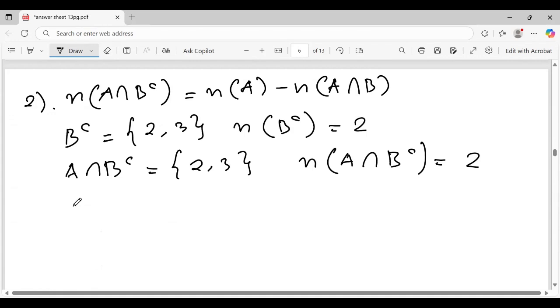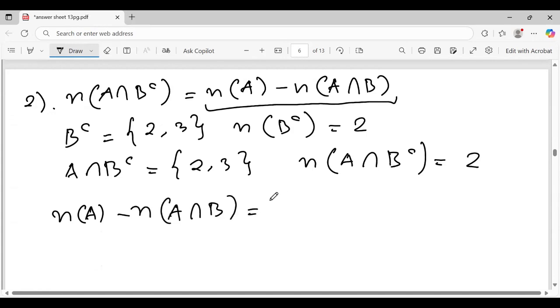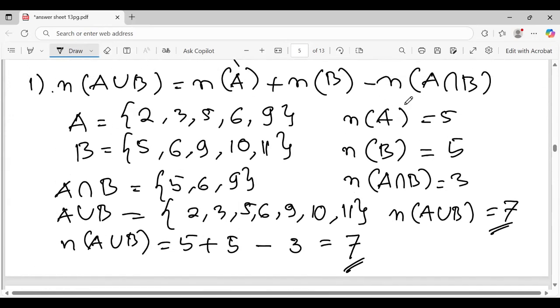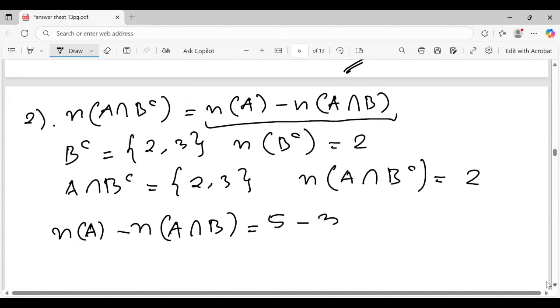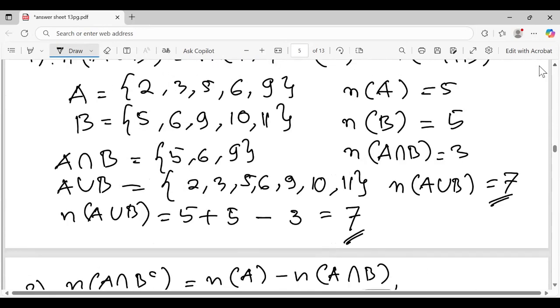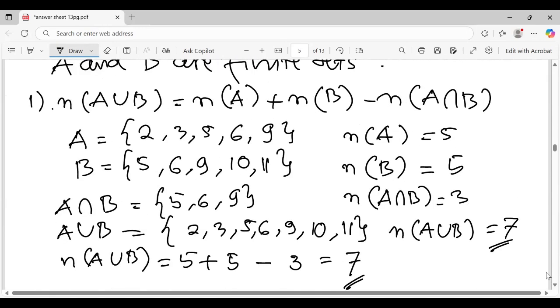So I would like to show you that n of A minus n of A intersection B equals 5 minus 3, because n of A equals 5 and n of A intersection B equals 3.